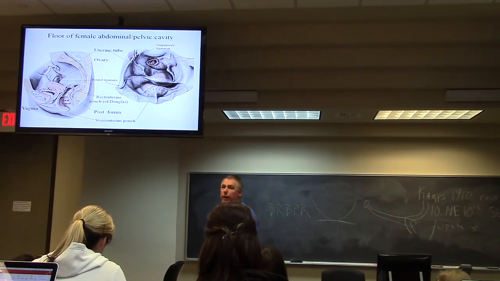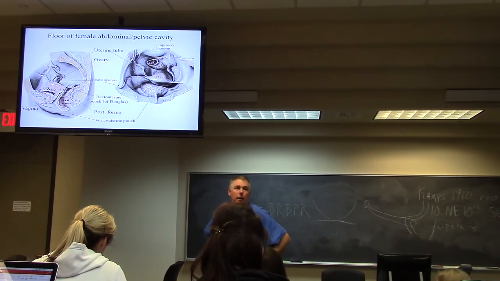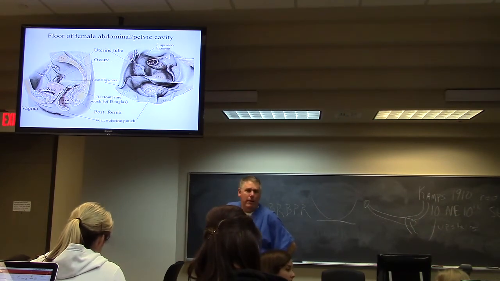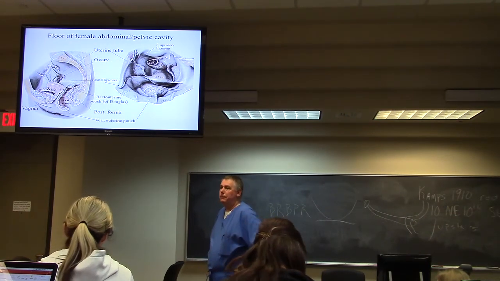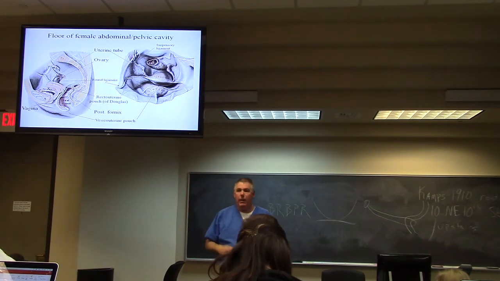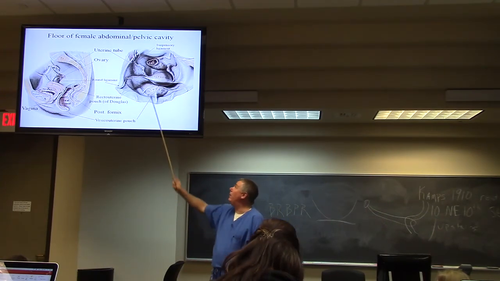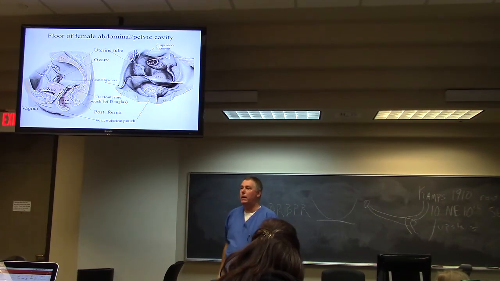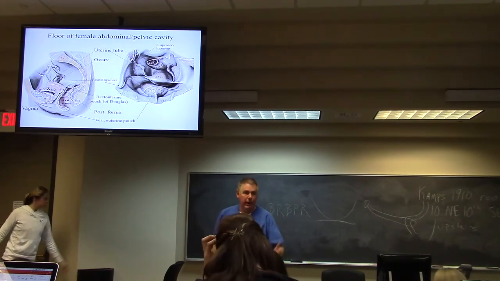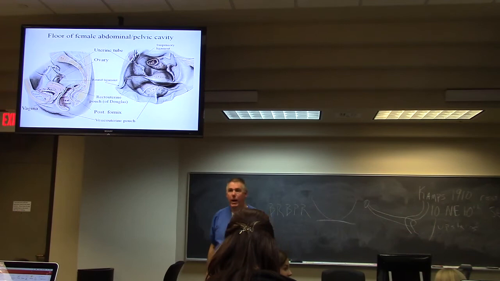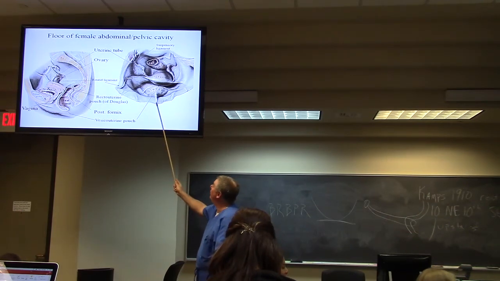Urachus? So if you have the anterior abdominal wall, what fold is in the midline? Going from the top of the bladder to the umbilicus, the urachus. That's the fold of the urachus.